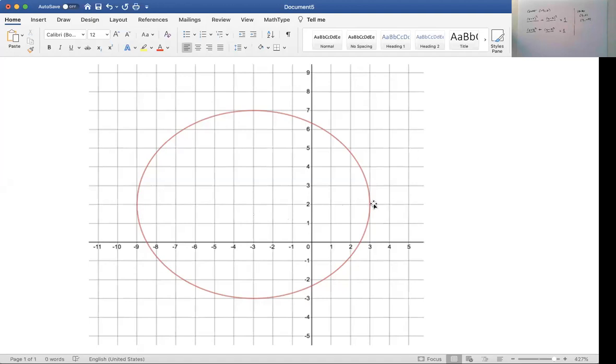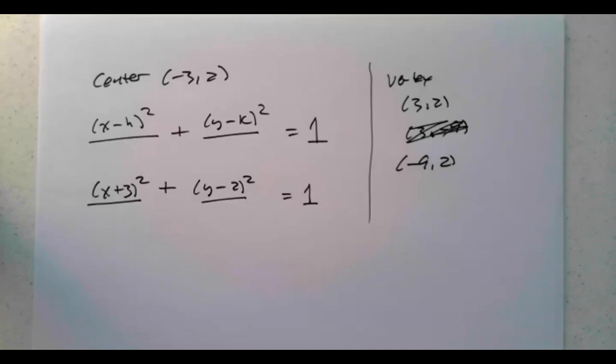Remember, a vertex is as far as you can go on the major axis. Let's scratch that. So 3 on x, 2 on y is one vertex, -9 on x, 2 on y is the other vertex. So we have those values.